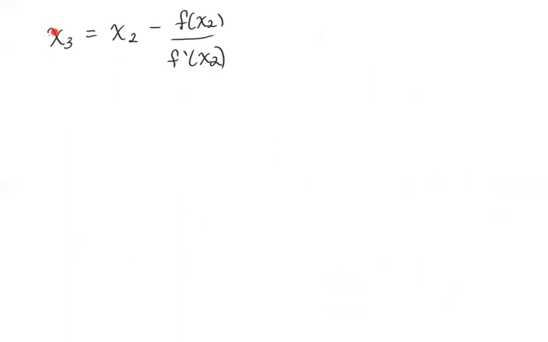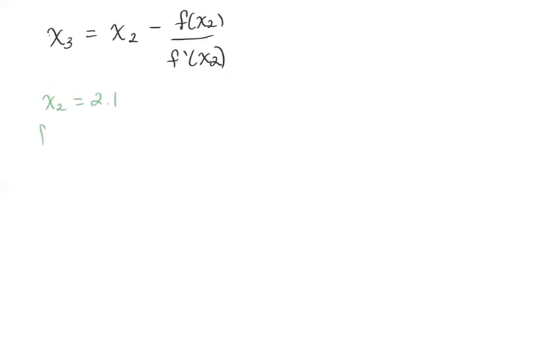Okay, so I know what f of x is. It's the same as it was for the previous x value. But I'm going to use a different x value. I know that x2 is equal to 2.1.